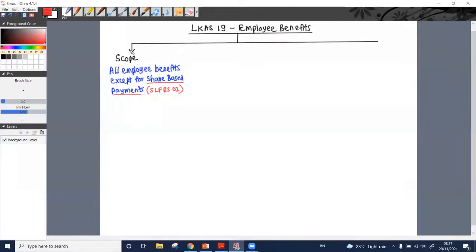So share-based payments do not come under the LKAS 19 scope. Apart from that, all the benefits received by an employee come under LKAS 19.